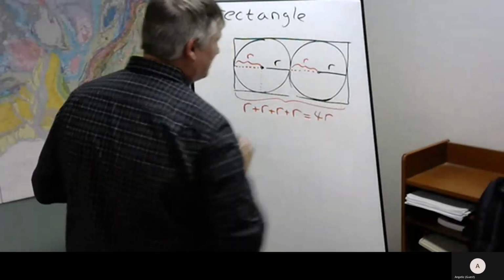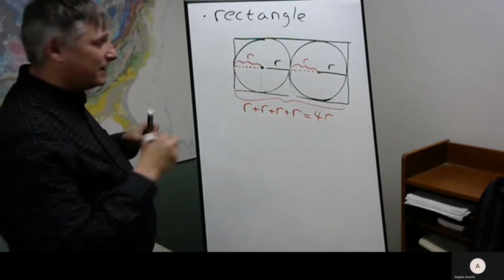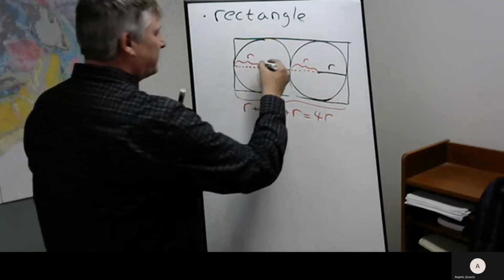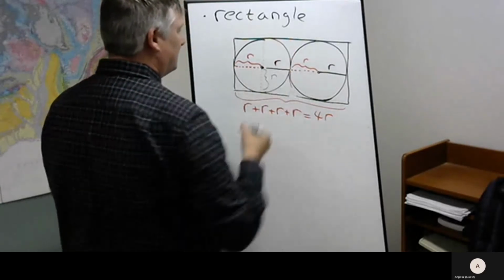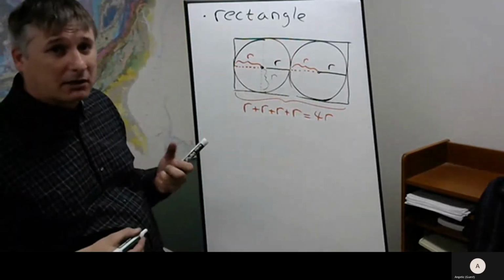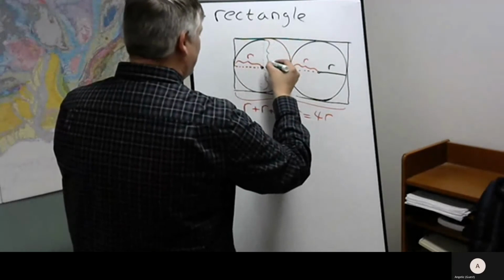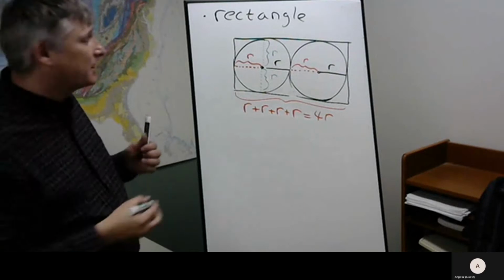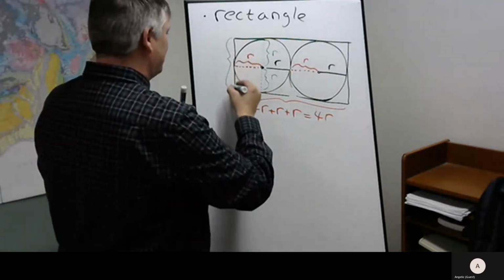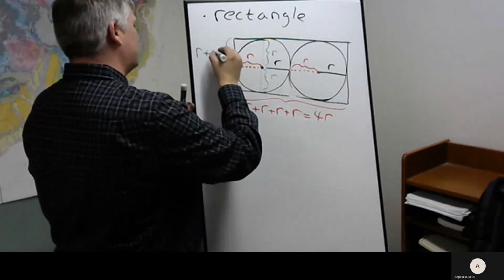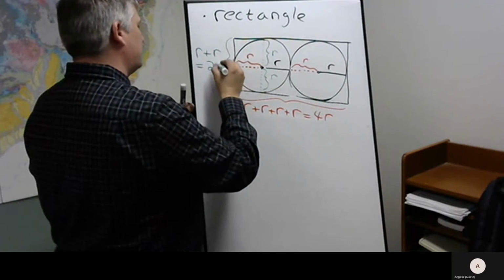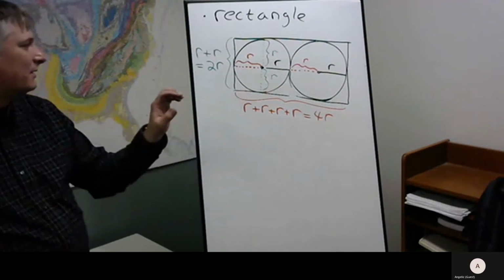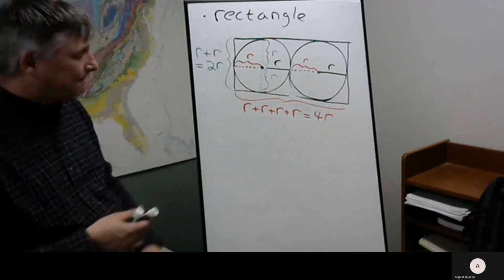Same with this one. This is also a radius. And if you go from the center to the top of the circle, where the top also contacts the rectangle, again, that's also a radius. So how high is this rectangle? What is the height? It's r plus r equals 2r.